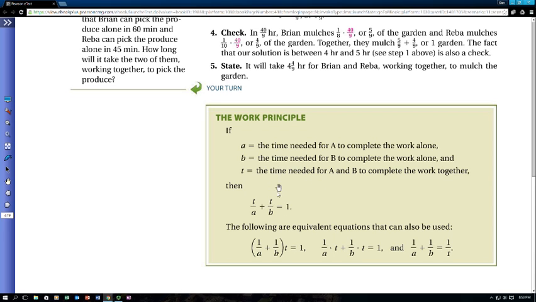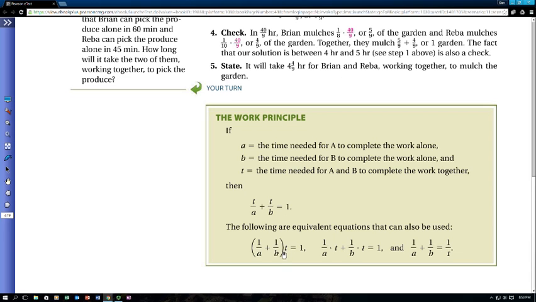So if we have 1 hour, we can figure out how much work they do per hour, and we can create these kinds of equations here. Now these really are just equivalent equations. T over A plus T over B equals 1.